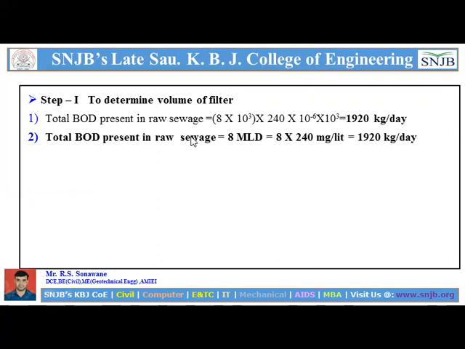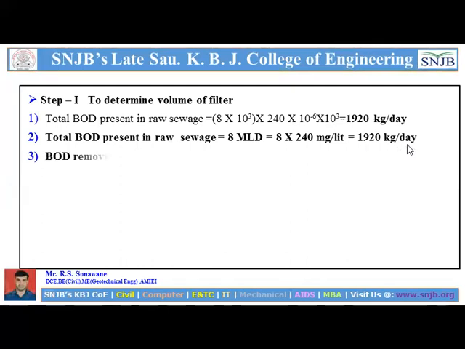Therefore we can rewrite it as 8 MLD multiplied by 240 mg per liter, which will automatically be equal to 1920 kg per day.